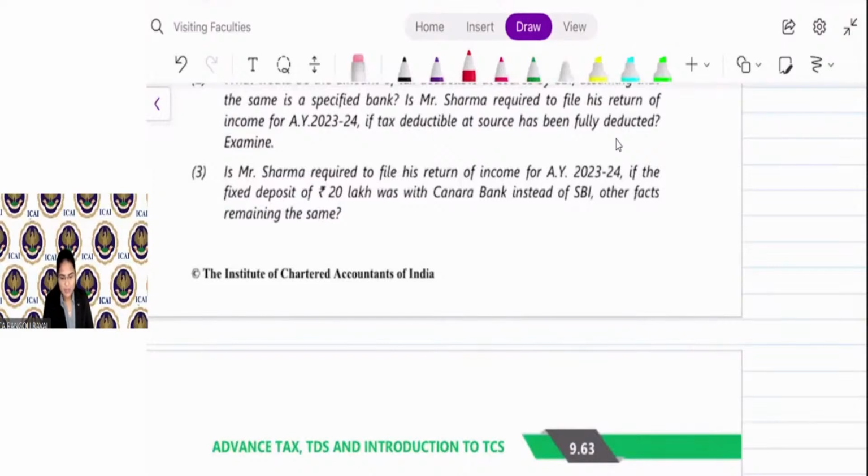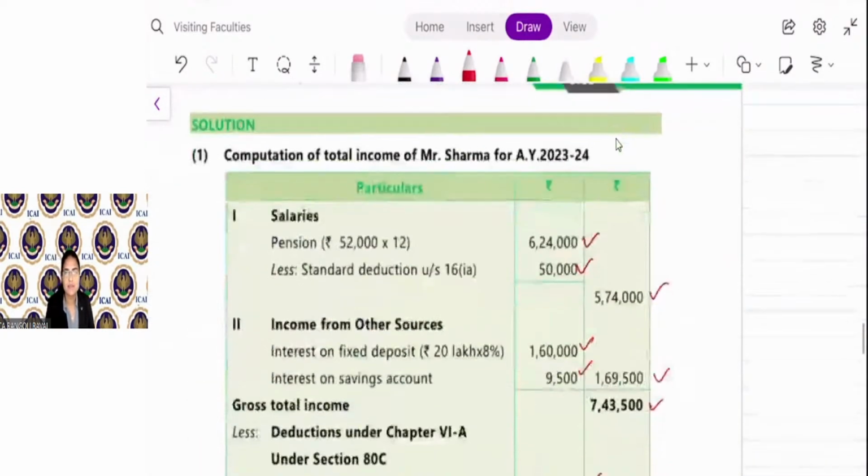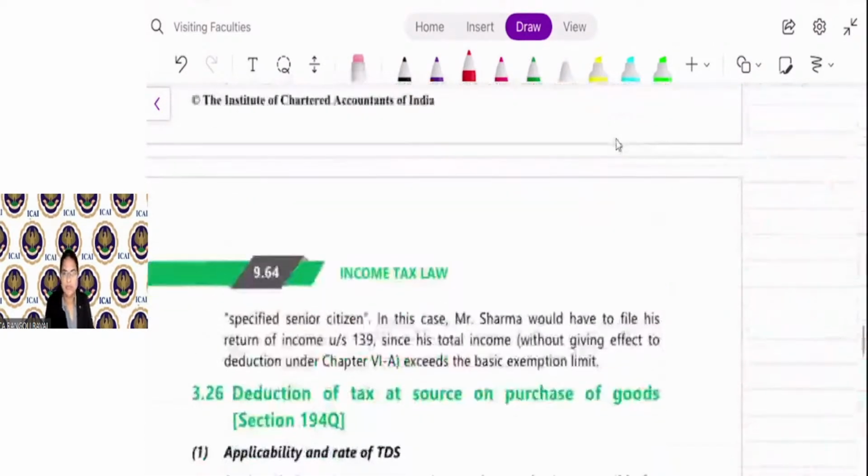Is Mr. Sharma required to file his return of income for assessment year 23-24 if the fixed deposit of 20 lakh was with Canara Bank instead of SBI, other facts remaining the same? Yes. In that case, Mr. Sharma is required to file a return of income. Why, my dear friends?